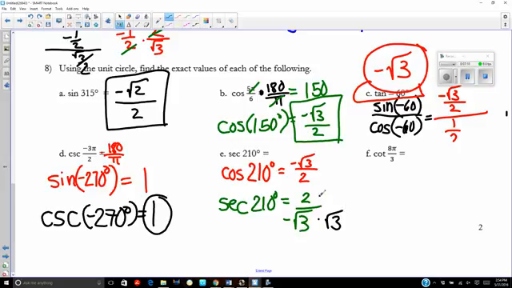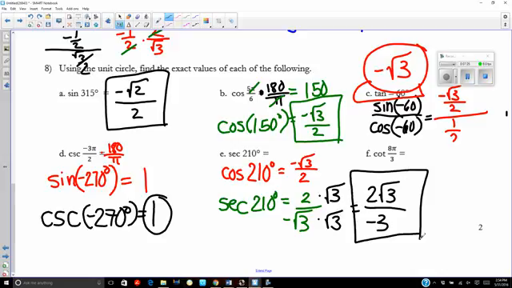You could multiply bottom and top by negative radical 3. It would save you a step at the end. You don't have to, but eventually you will anyways. So we get 2 radical 3 over negative 3. In fact, there's nothing else that reduces in this problem, so that's your answer. I'll write it over here underneath letter E. All right, I'm going to erase, so if you need to copy that, pause it.